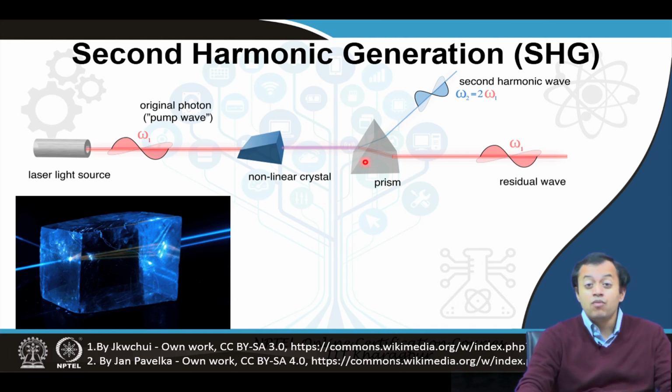So, where do we use them? Again, the so what question? Well, a very easy thing is we use it for lasers. We use it to create or tune lasers. Think about it, omega 1 may be the wavelength of a red laser light.